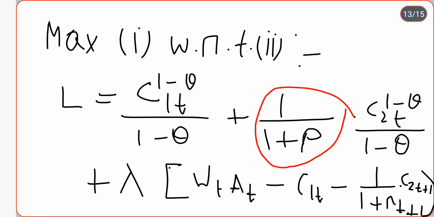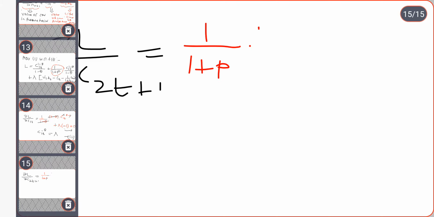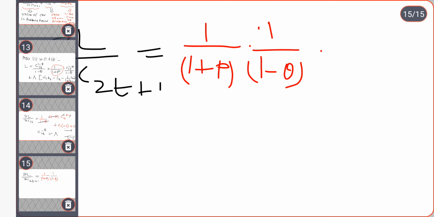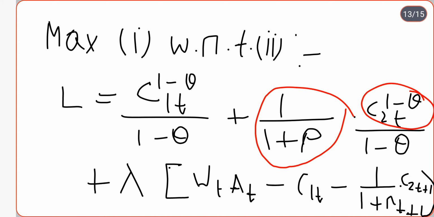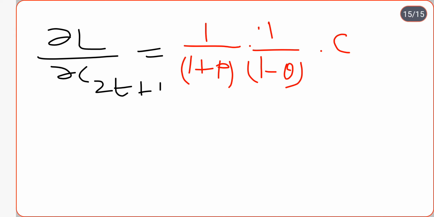So if I do it, at first let me take 1 by 1 plus rho multiplied by 1 by 1 minus theta out of the derivative part, and we will do the derivative of only C2T plus 1 to the power 1 minus theta. So what do we get? 1 minus theta will come outside, and we will have C2T plus 1 to the power 1 minus theta minus 1.